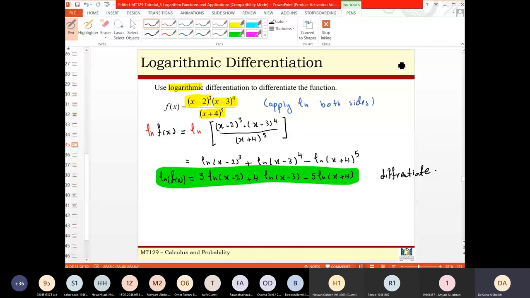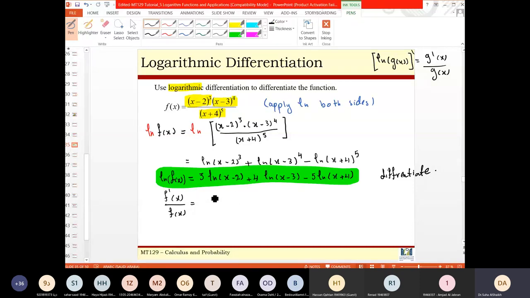Didn't we agree that when I have ln of g of x and I find its derivative, it equals g dash x over g of x? So I have f of x, so it will be f dash x over f of x. And what's the derivative of 3 ln x minus 2?